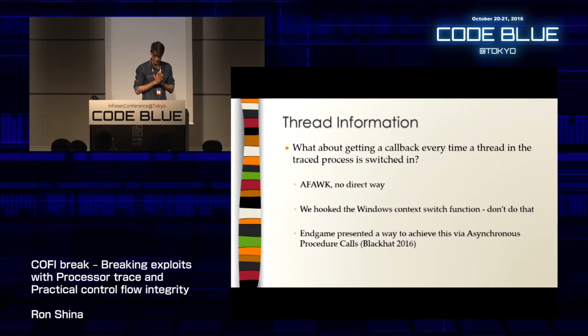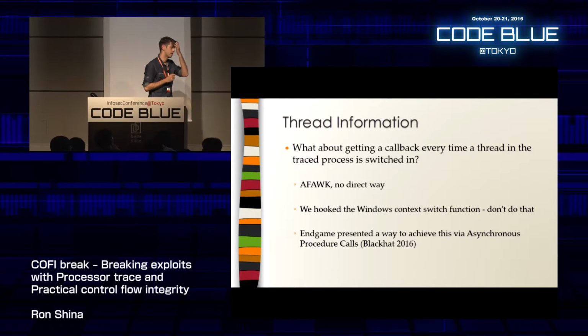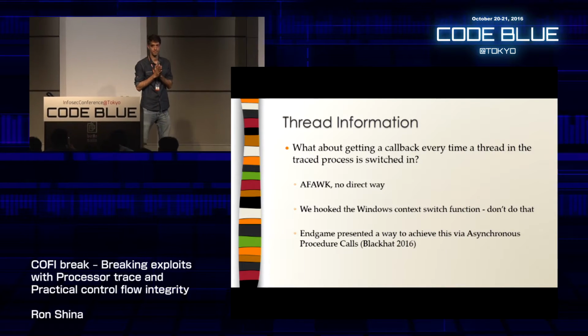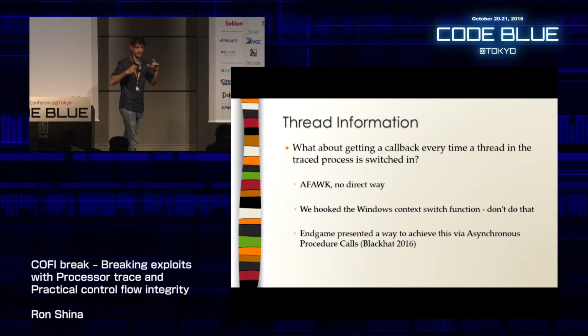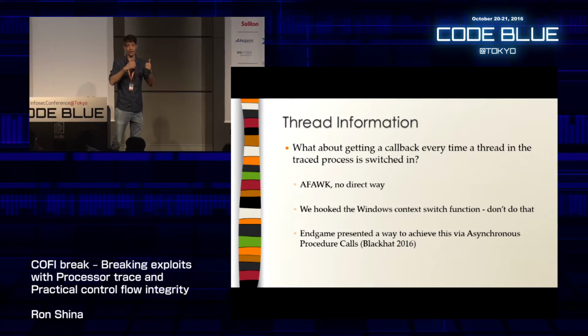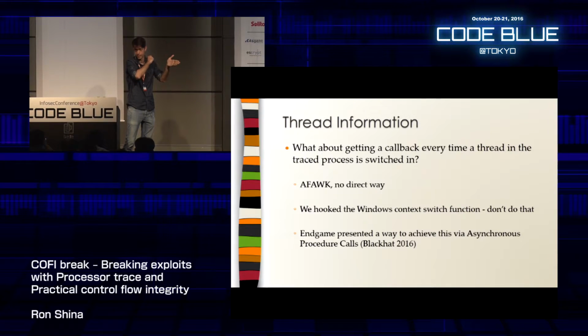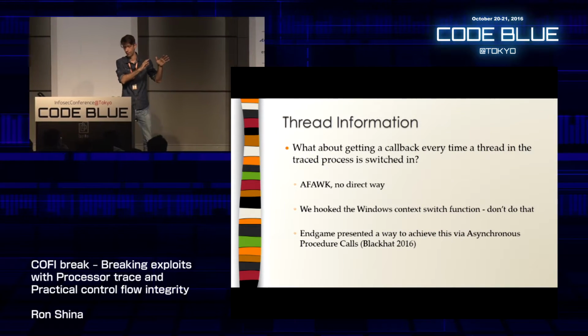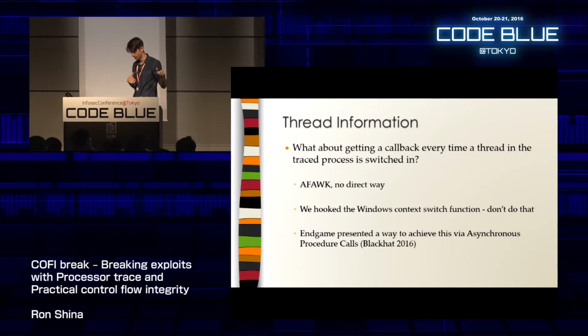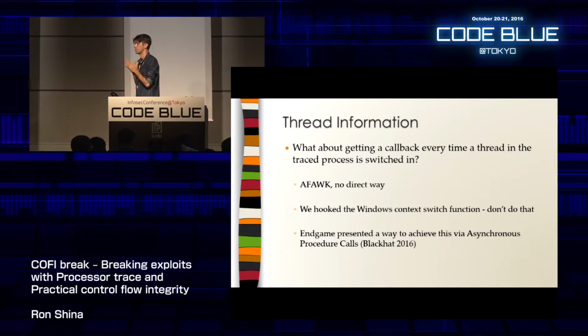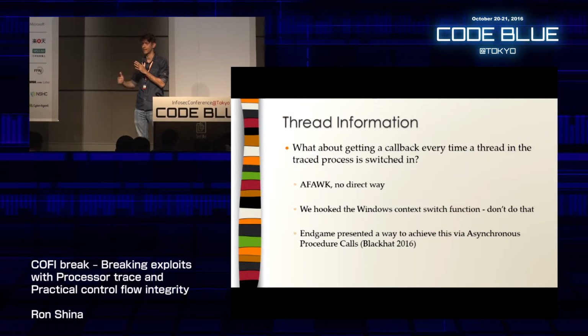So a different solution would be to try to get a callback each time a thread gets context switched in, right? So if you're currently recording the trace, and you now see, okay, I've been called, so I'll just mark, okay, thread number 1 started executing, and then you know which part of the trace corresponds to thread number 1. But as far as we know, there's no direct way in Windows to get that callback.